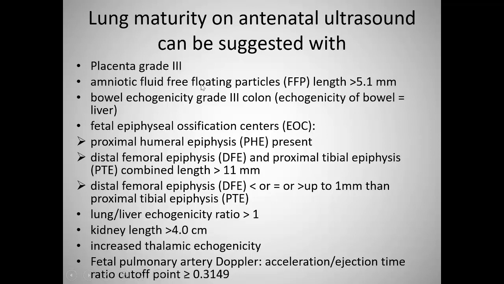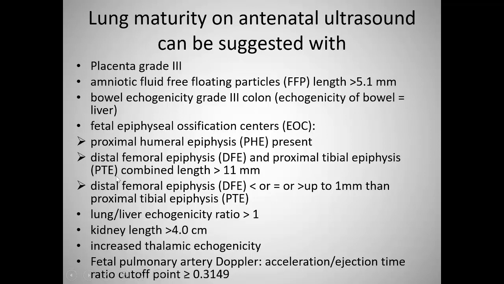Second, the amniotic fluid free-floating particles. If the length of these particles is more than 5 millimeter, then it is with lung maturity. The bowel echogenicity: grade 3 colon, echogenicity of the bowel reaching that of the liver, indicates fetal lung maturity.